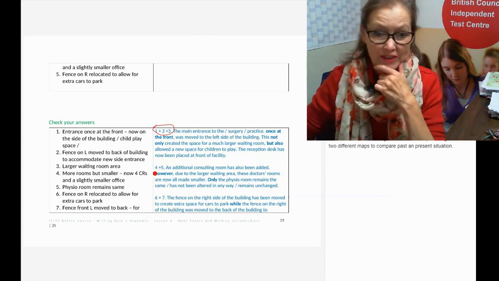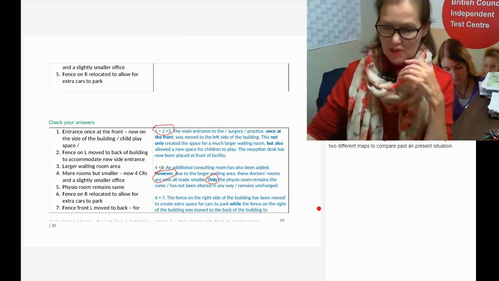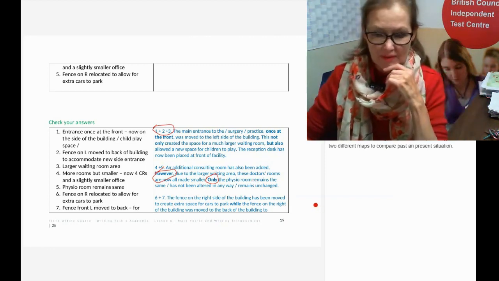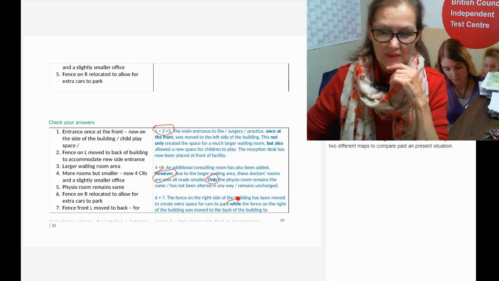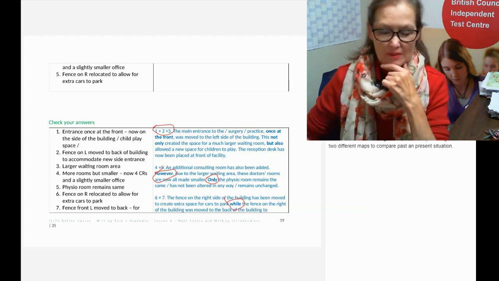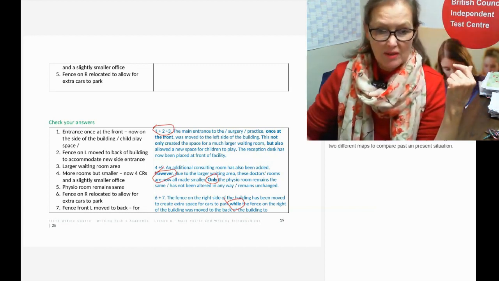I've used however. And notice how I've used this little word here, only the physio room remains the same, just to emphasize this fact. And once again, notice this little linker, while. Okay, good. We'll see these sentences again when we read the model answers, so I'll move on.